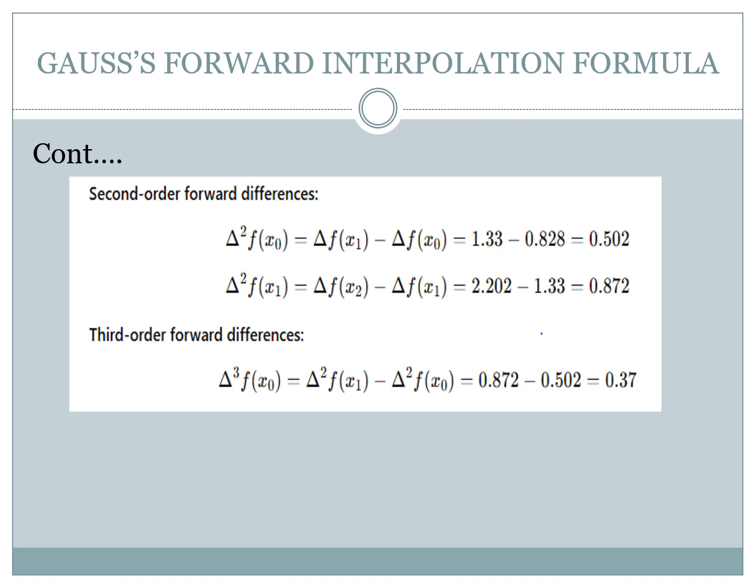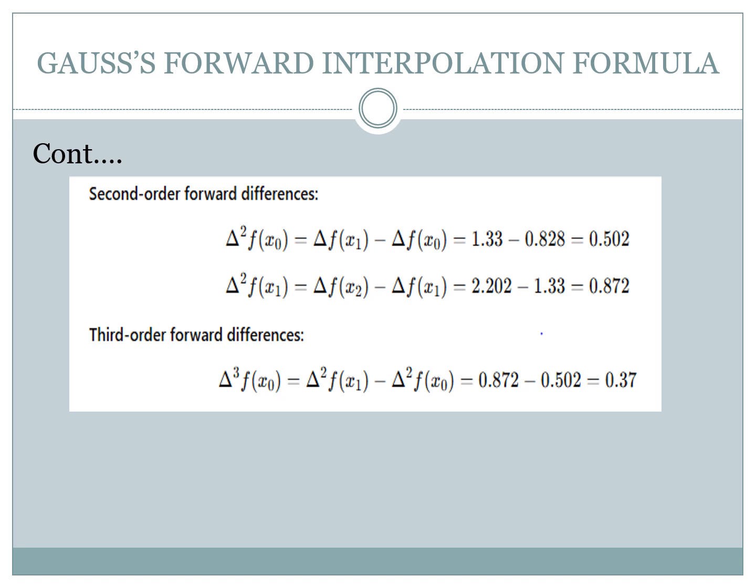Next, we have to find out the second order forward difference, which is denoted as delta square f of x naught.